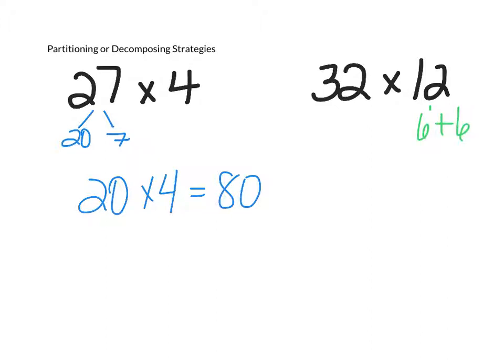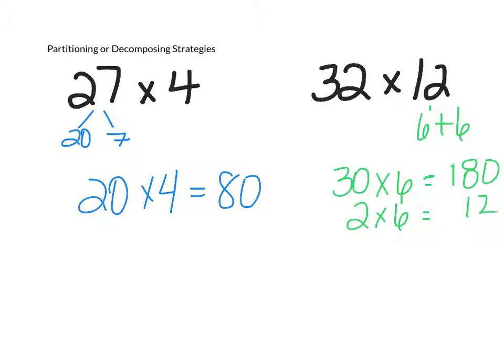So really you could do 30 times 6 and 2 times 6. So we have 180 plus 12, which is 192.